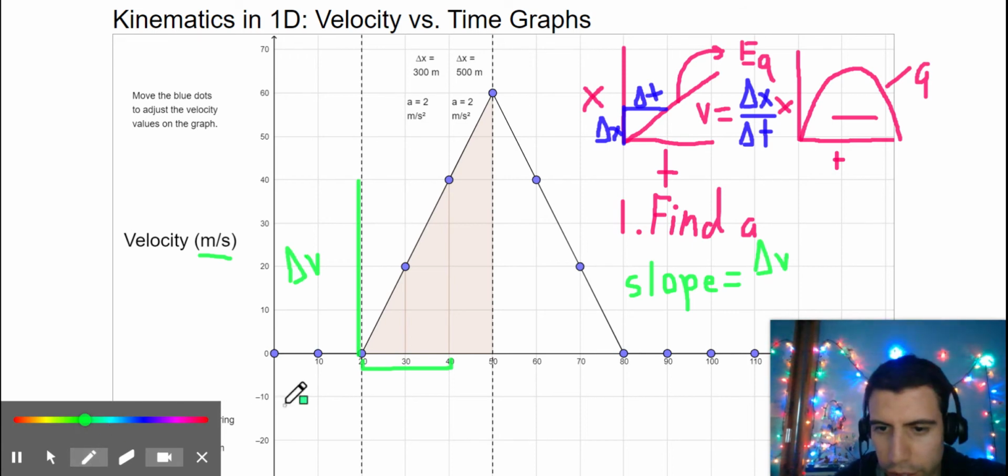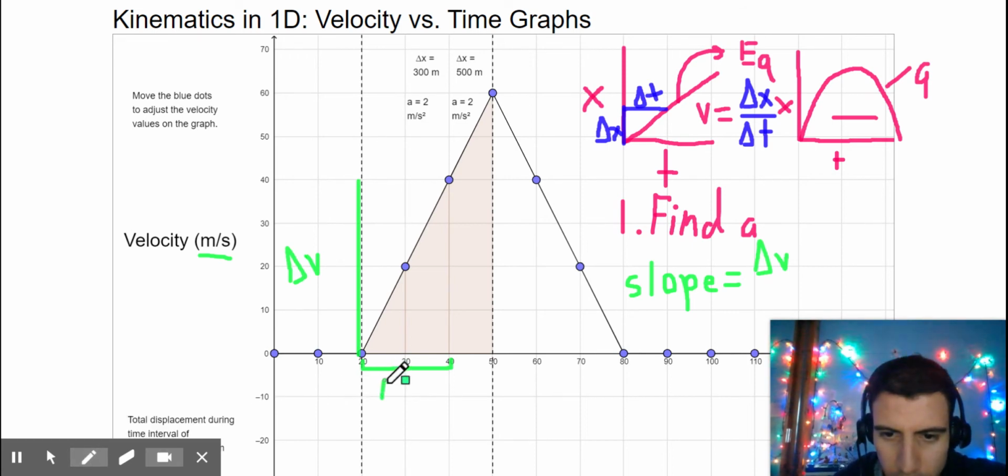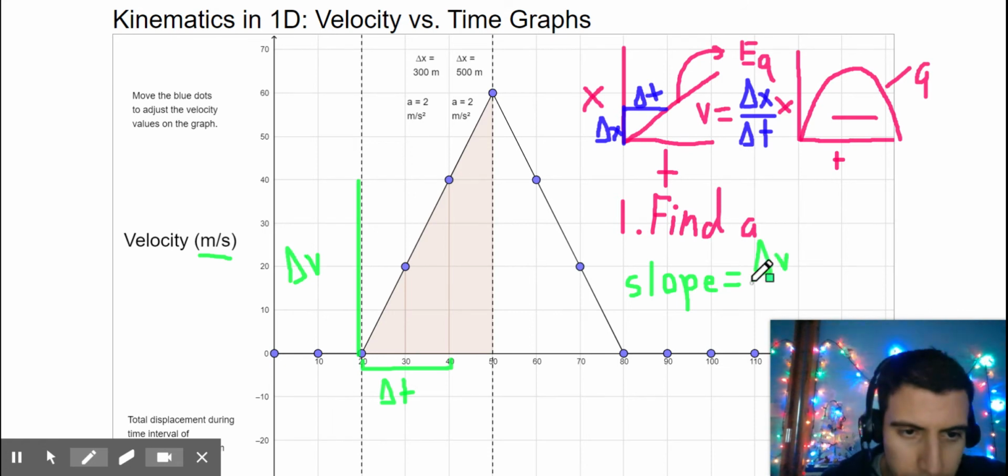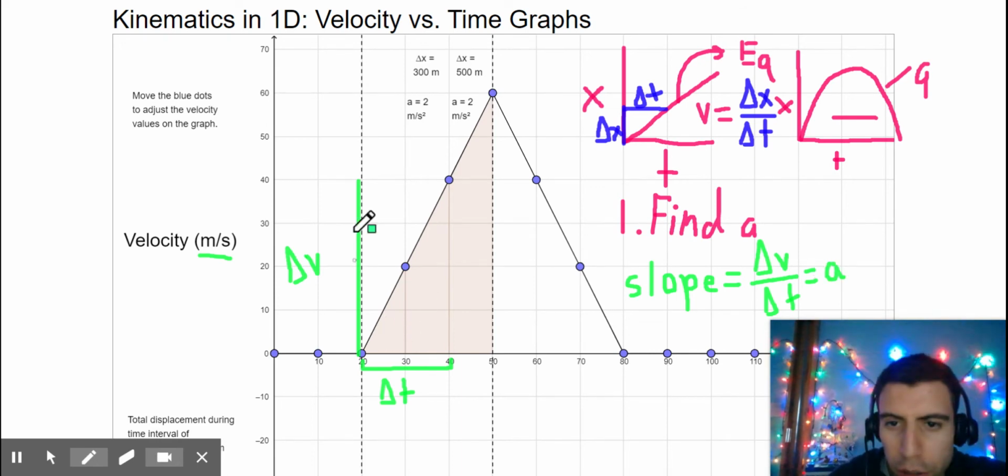And usually you'll find that'll be the case whenever you have a graph. Usually when we graph things, we like putting t on our x-axis because usually everything is dependent on time. And you notice when you do this, this goes back to the acceleration equation that we learned. So finding A is dependent on delta V and delta T.